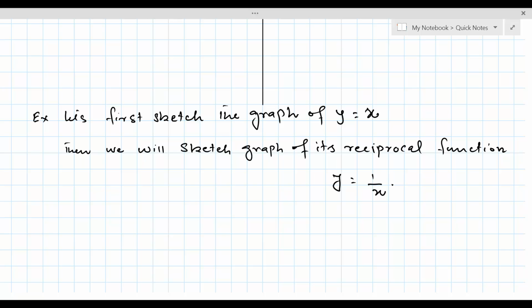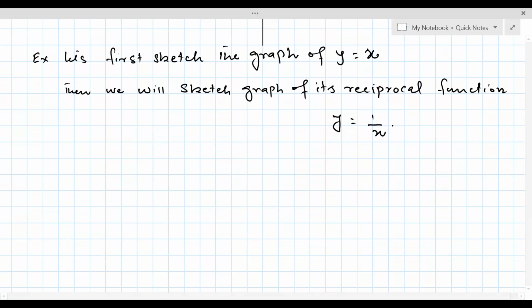So for this, we are going to first define the table of values.